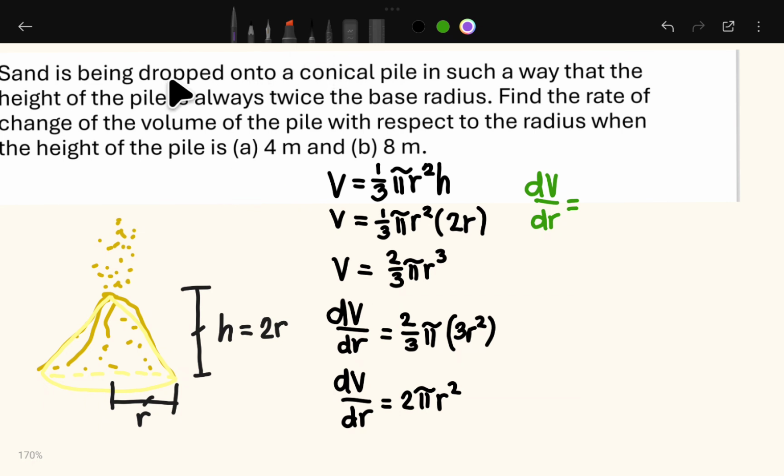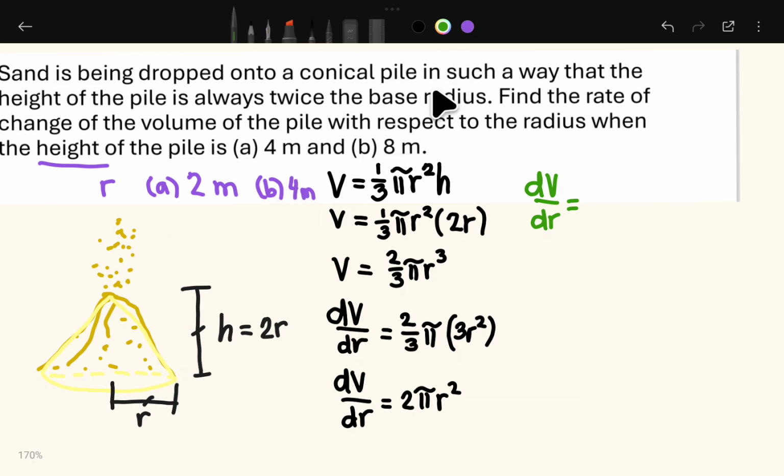So if this is the height, then the radius for A should be half of the height. So this will be 2 meters. And for B, this will be 4 meters.